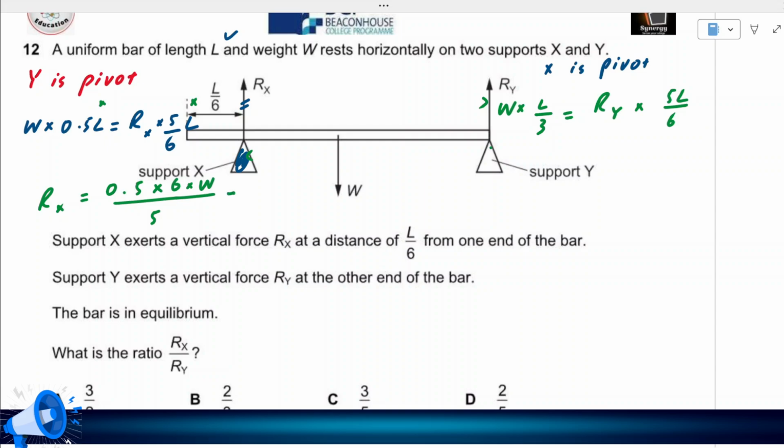So 0.5 times 6 is basically 3. So 3W divided by 5.